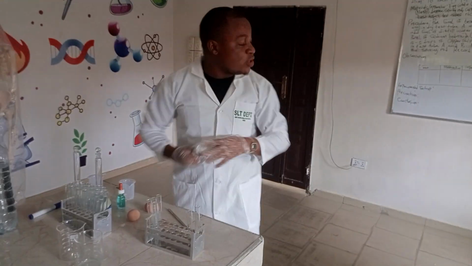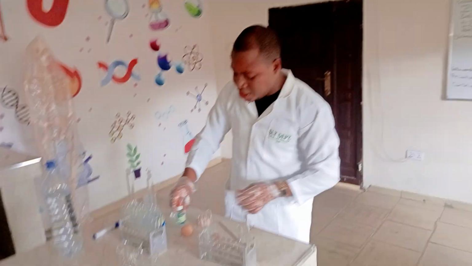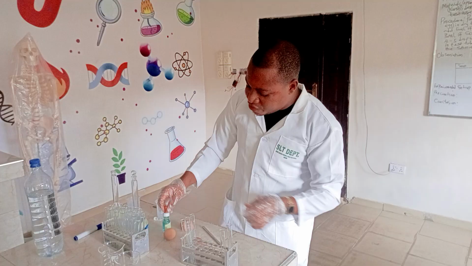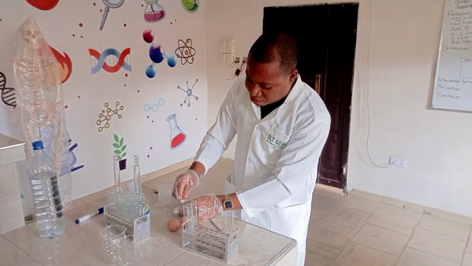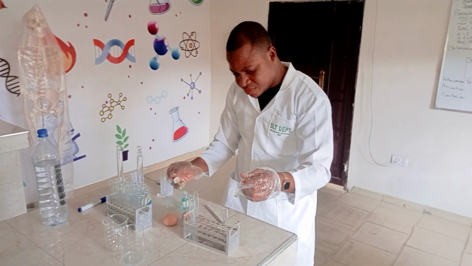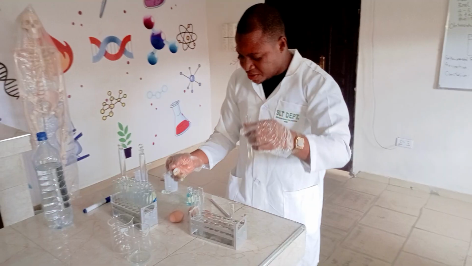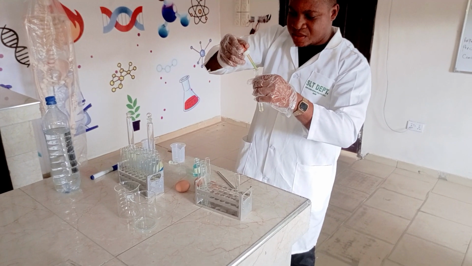Now, from the procedure, we are asked to introduce 4 to 5 drops of the copper sulfate solution. 4 to 5 drops. Now, with the aid of the dropper, I'm going to do accordingly. To test tube A, I will add 5 drops of copper sulfate solution.